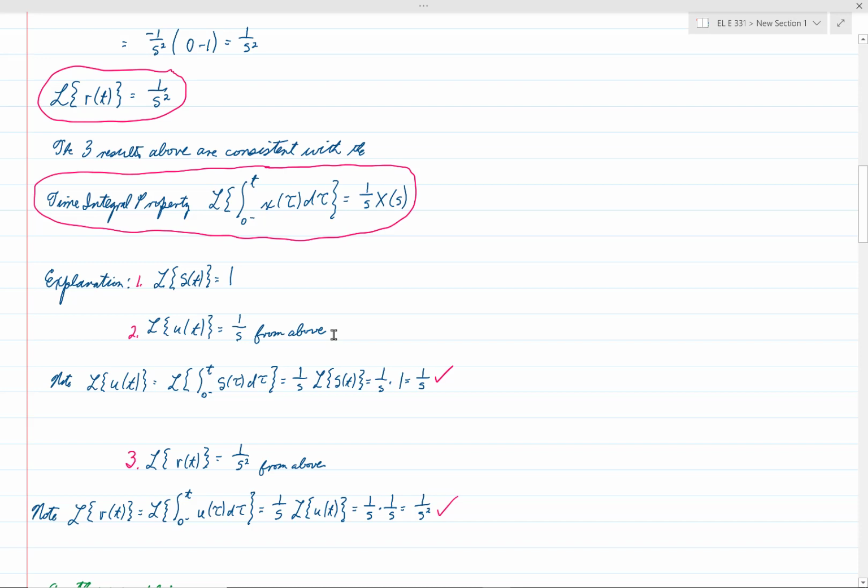But we could also arrive at that same result using this time integral property, as I show here, because the Laplace transform of u of t is the same as the Laplace transform of the integral from 0 minus to t of delta of tau d tau, which, according to this time integral property, is 1 over s times the Laplace transform of delta of t itself, which is 1 over s times 1, which is 1 over s. So here we get the same result, that the Laplace transform of u of t is 1 over s, but in an entirely different way from the way we used above.